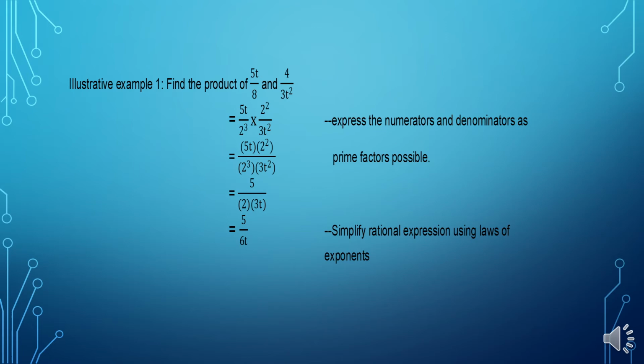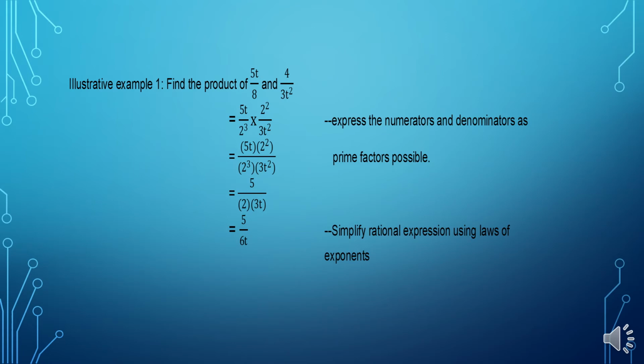Since we have already expressed everything as prime factors, multiply 5t times 2 raised to 2 over 2 raised to 3 times 3t squared. If you can cancel something to make it into its simplest form, then we can.